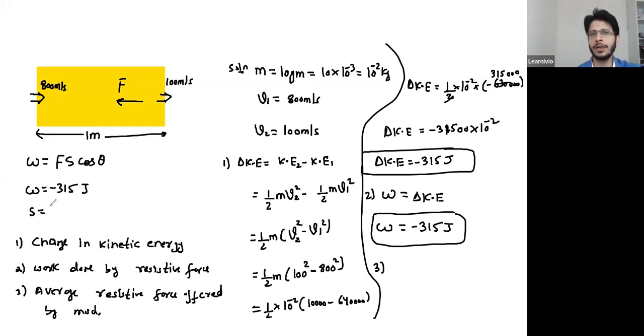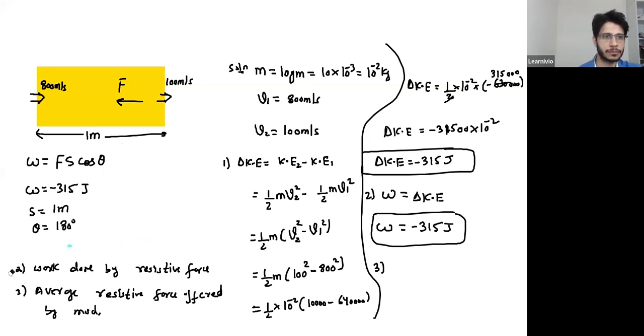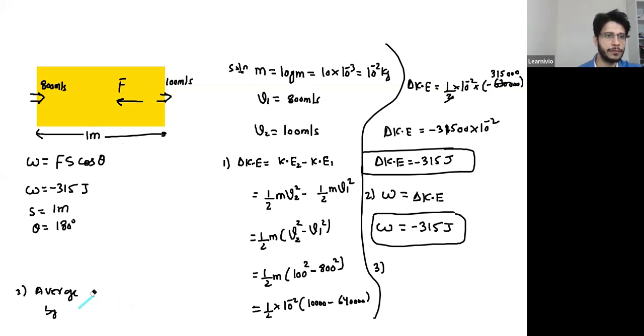Your displacement is 1 meter. The angle between force and displacement is 180 degrees. If I substitute all these values here, this is the resistive force.